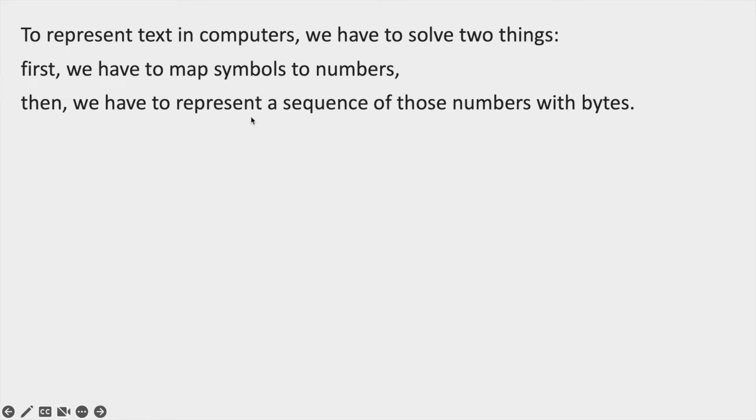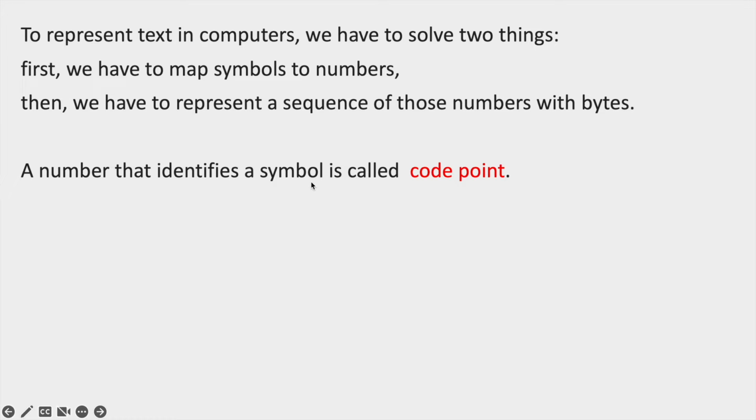Then we have to represent a sequence of those numbers with bytes. That means we have to convert this sequence of numbers into bytes so that the computer will understand in the format of zeros and ones. A number that identifies a symbol is called a code point.